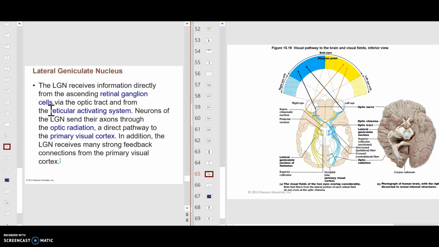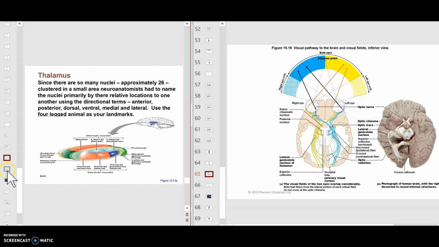So it keeps the area of the brain alert. That means the firing frequency goes down when you go to sleep. Neurons of the nucleus send axons through the optic radiation, a direct pathway to the primary visual cortex. Okay, and in addition, the cortex sends some fibers back as a feedback mechanism. Okay, we go further, and there's the thalamus.